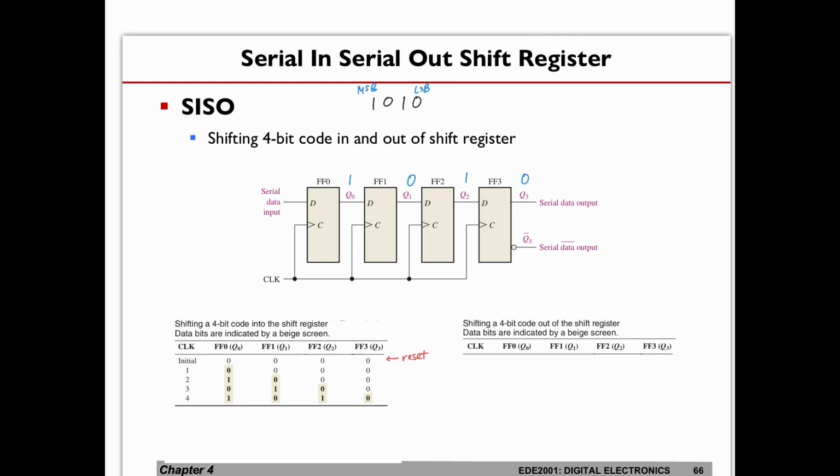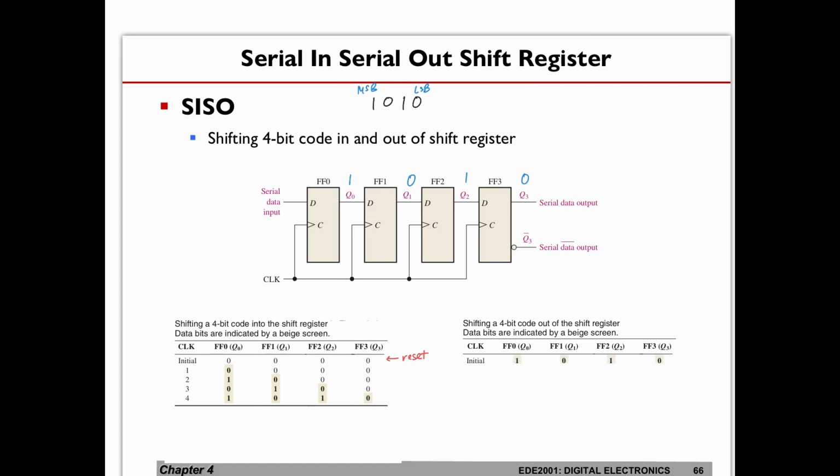Now, say I want this data to come out from the shift register, right? So what I need to do here is use the clock to shift this data out, because each of these flip-flops will execute its action upon the positive gate transition, or the rising edge of the clock.